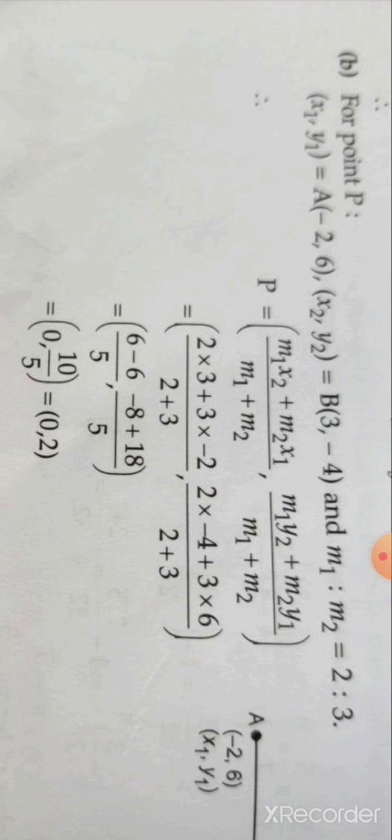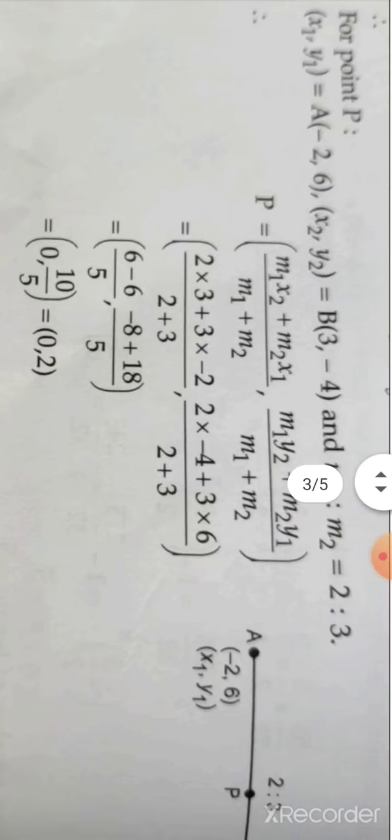By substituting values, 3 2s are 6 minus 6 upon 5, and minus 8 plus 18 upon 5. So 6 minus 6 becomes 0, 18 minus 8 is 10, by 5 is 2. So we get P, the point coordinates, are 0, 2.